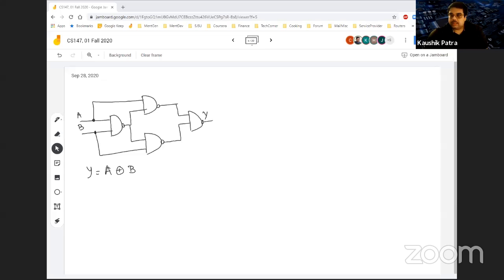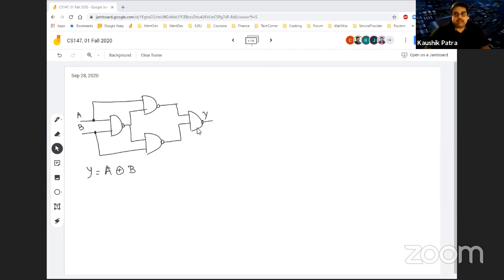Okay, let's start with a problem tonight. Go to my Jamboard and look at this. I have given a little diagram which describes an XOR implementation with a minimum number of NAND gates.